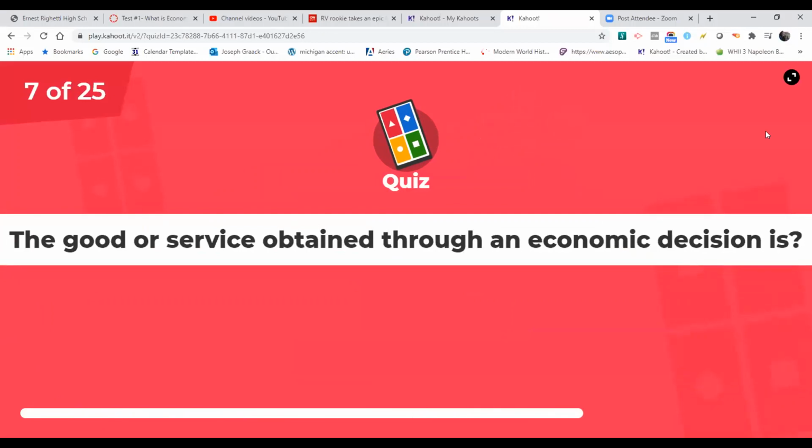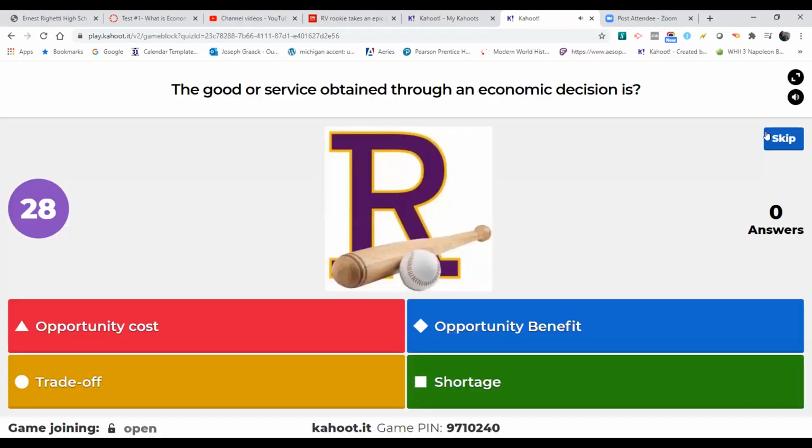Good or service obtained through an economic decision is what?